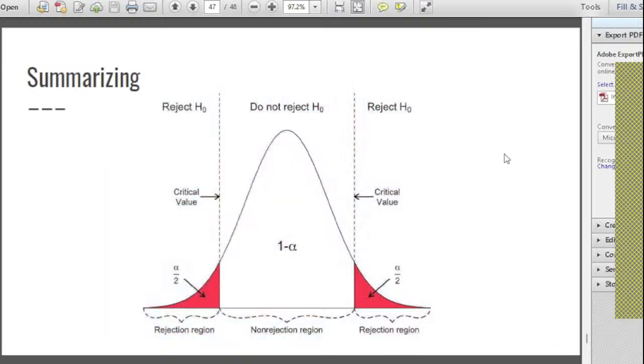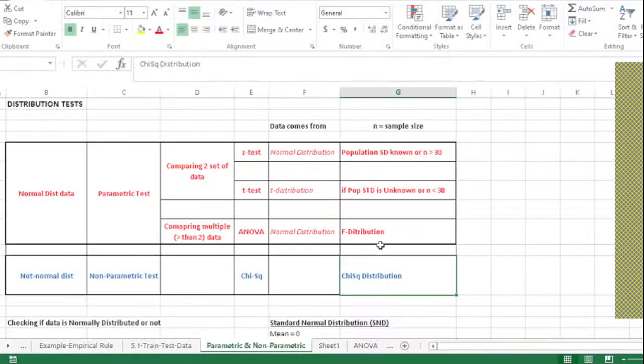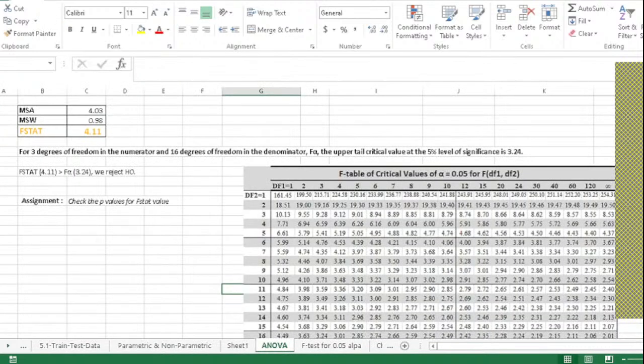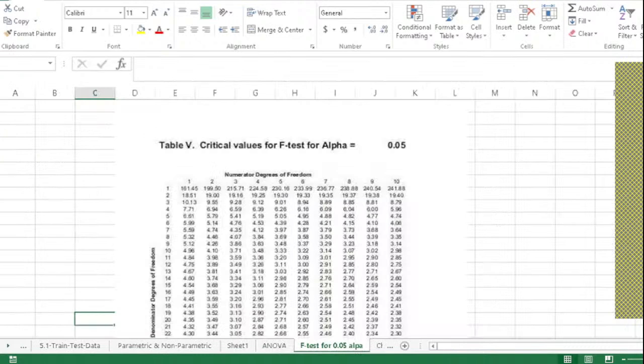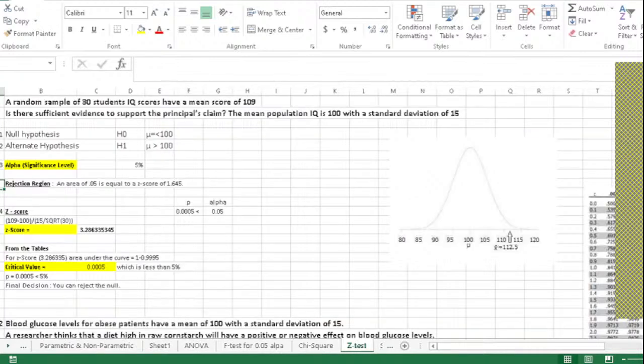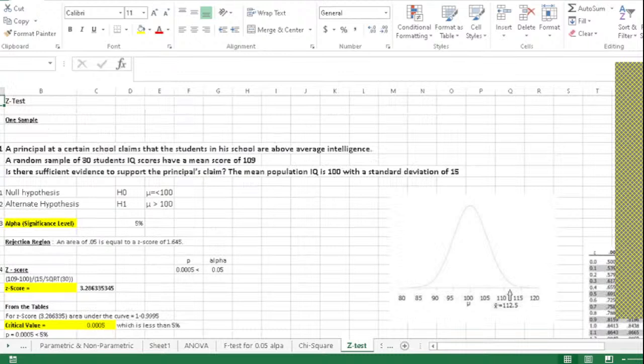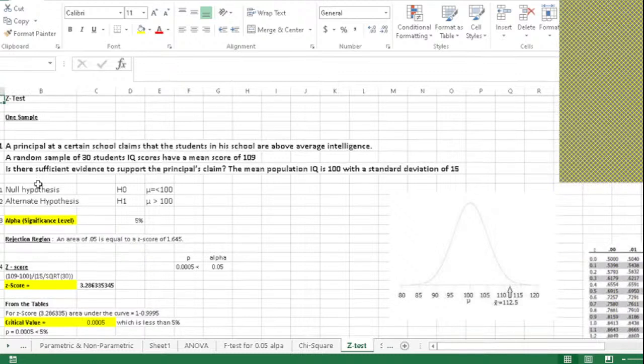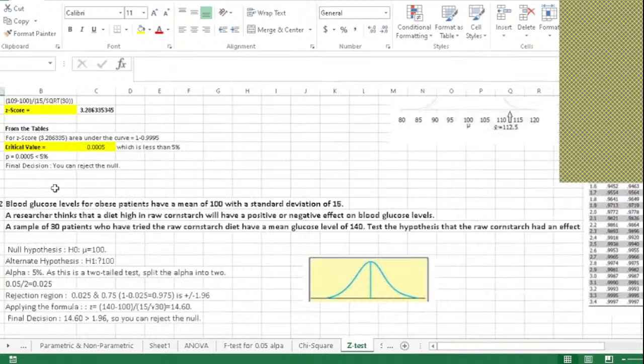Now so that we get an idea of how these manual steps are done, I will just discuss one example, right? And after this we will go to R, right? This is the example. I will discuss these manual steps, right?